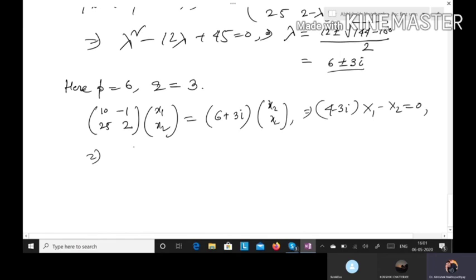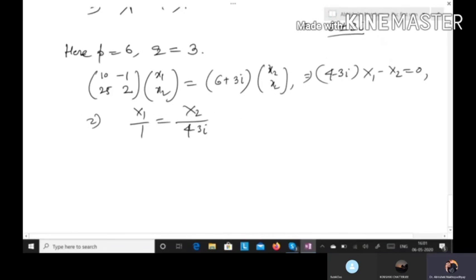So therefore it is x1 by 1 equals x2 by (4 minus 3i), and therefore the eigenvector corresponding to the eigenvalue 6 plus 3i will be (1, 4) plus i (0, -3).